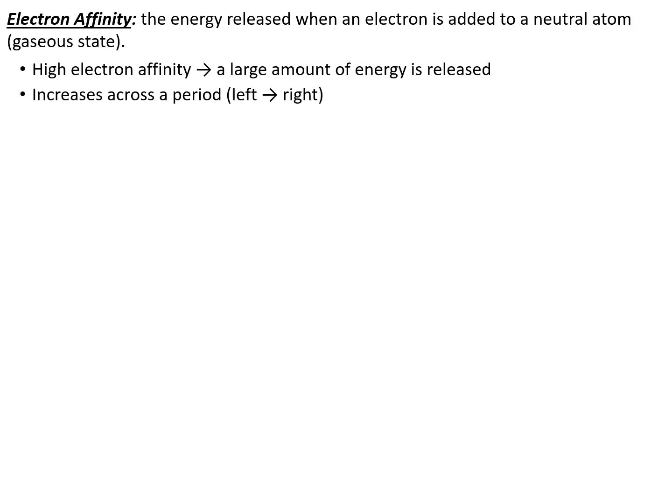Something like fluorine has a very high electron affinity. It completely fills that 2s shell, which is why it gets so much stability from that. Electron affinity increases as you go left to right, bottom to top, and our benchmark for electron affinity is fluorine.